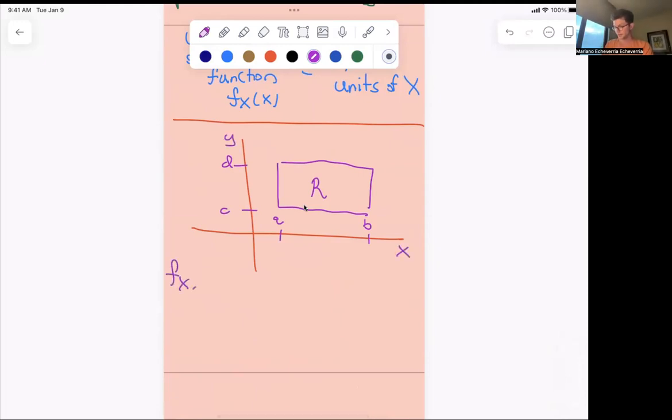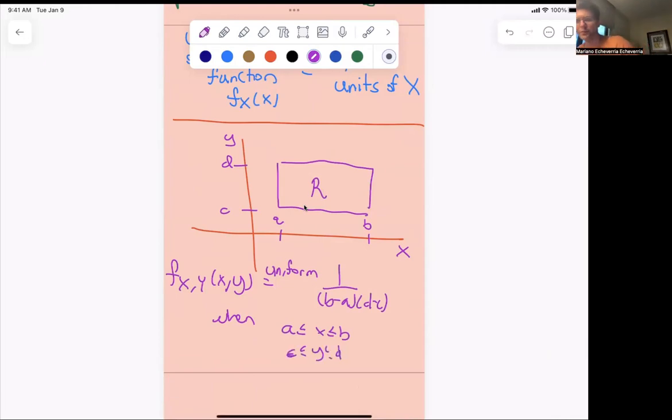The uniform density is 1 over the area, which is what you're saying. So it's 1 over (B minus A) times (D minus C), when X is between A and B, and Y is between C and D.